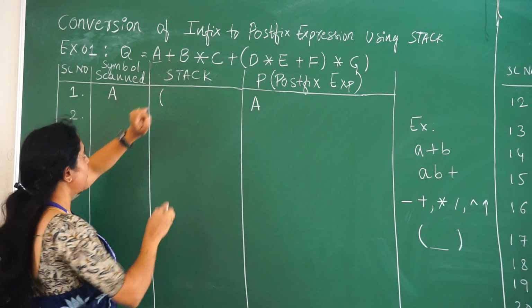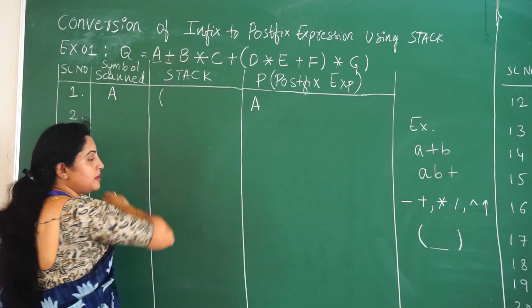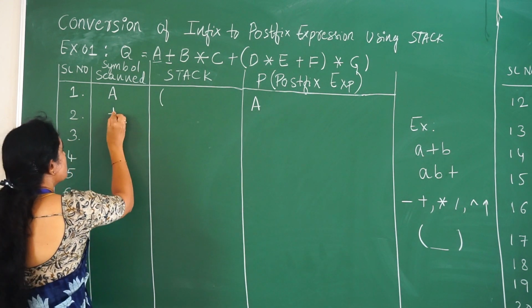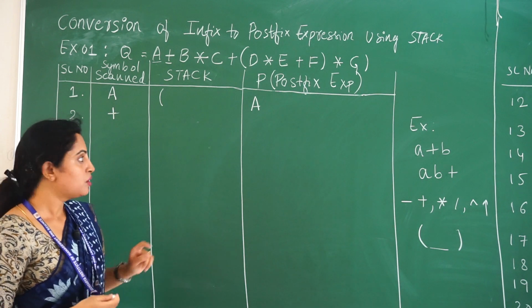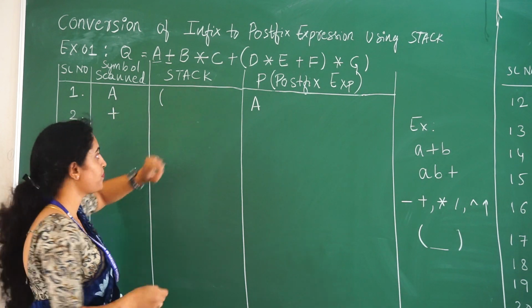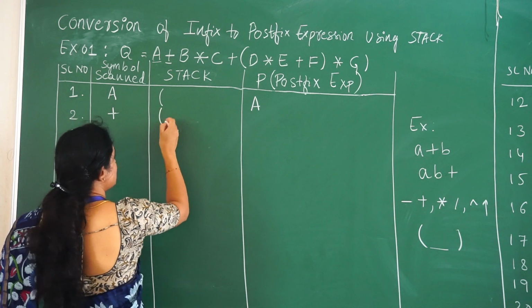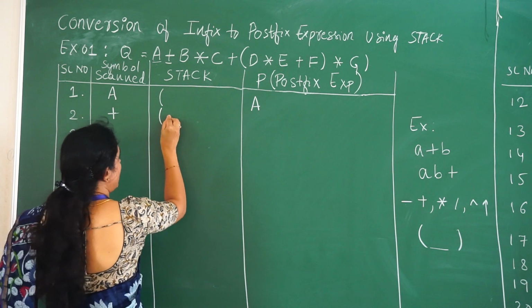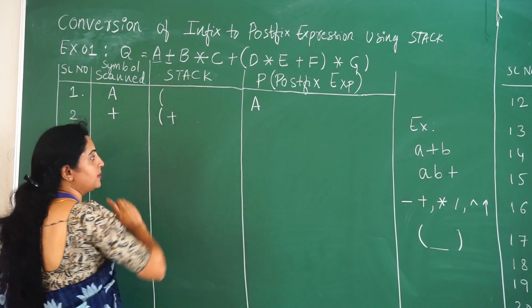The next scanned symbol is plus. Plus is an operator, so we have to push it inside the stack. Inside the stack we had initially placed the left parenthesis, and plus is pushed inside the stack.